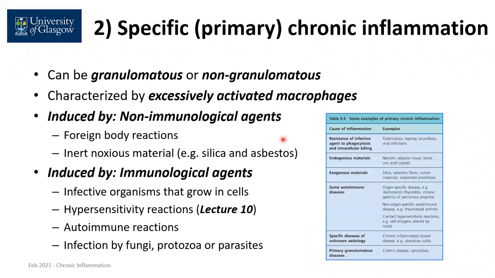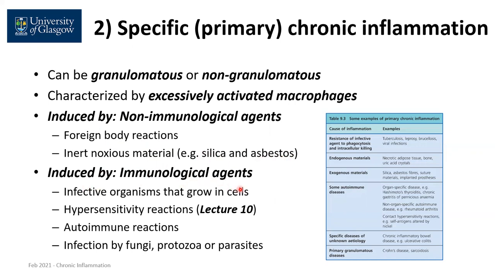And they can either be induced by non-immunological agents, so essentially foreign bodies that the immune system is encountering within the human body. And these can be things like maybe wood, grit, metal, if you're talking about wounds, or certain fibers that can be inhaled, such as silica and asbestos.